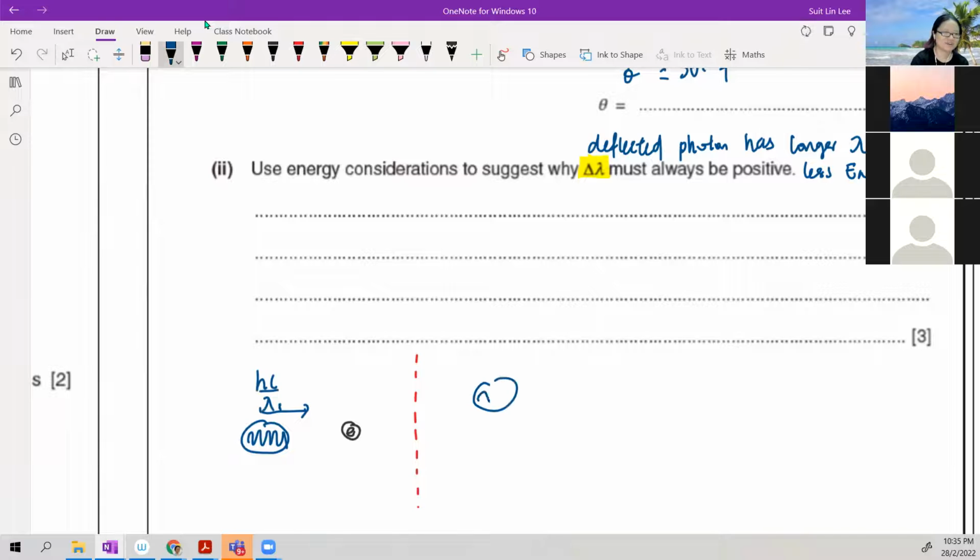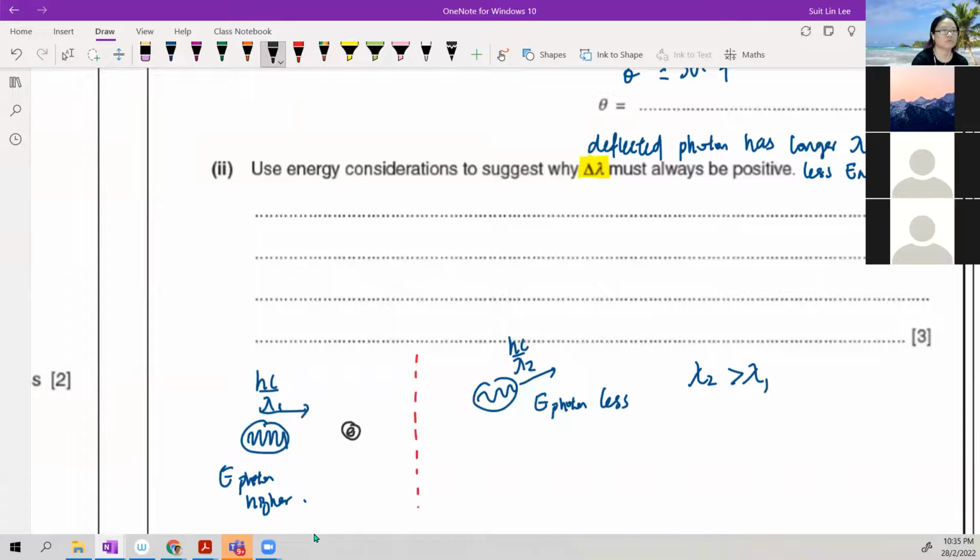This wavelength now is longer, so the energy of the photon decreases. It's less, lower energy. This energy of photon is higher, more. Who took the energy away? hc over lambda 2. Lambda 2 is always bigger than lambda 1.